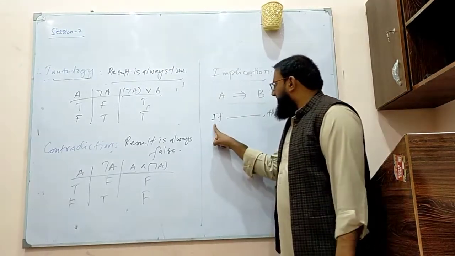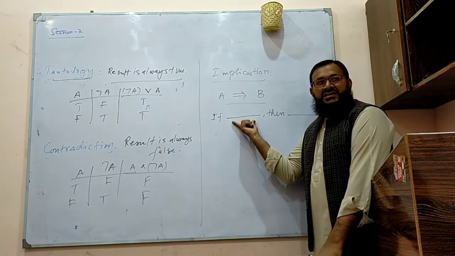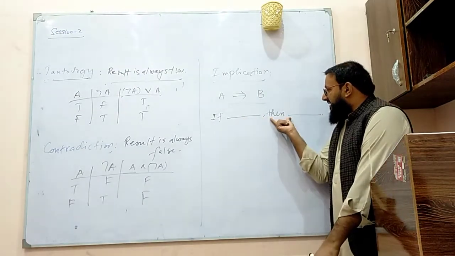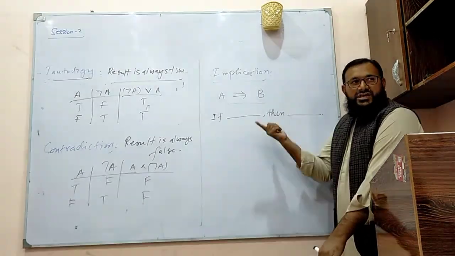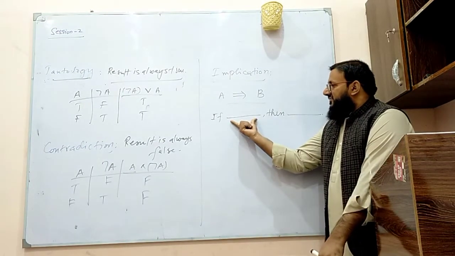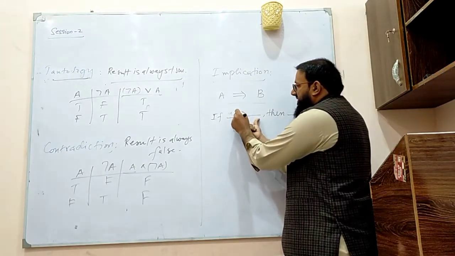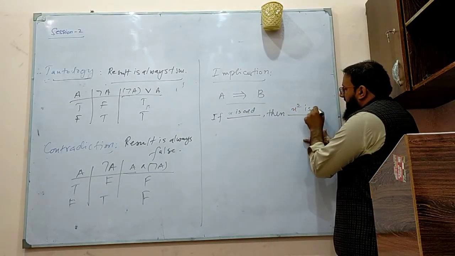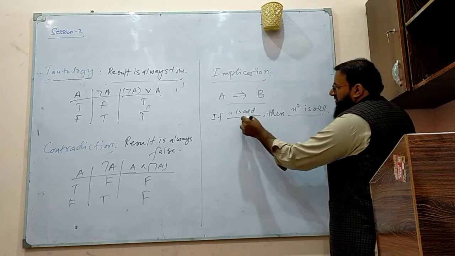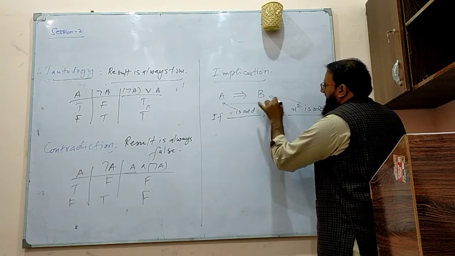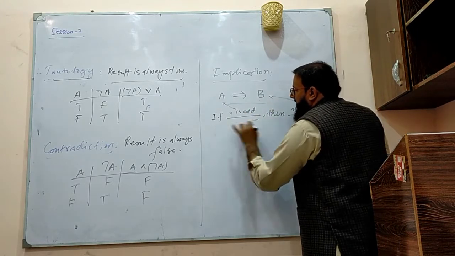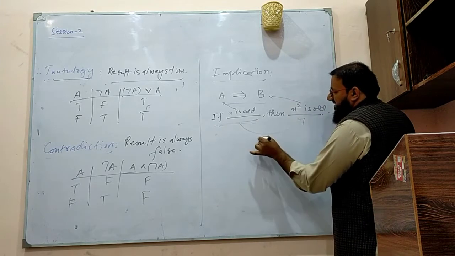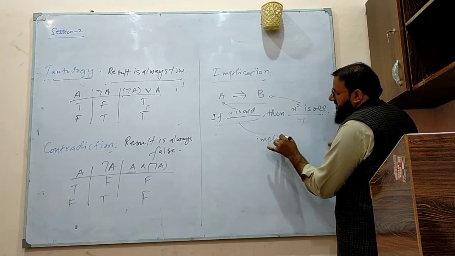We say that if statement A, whatever the hypothesis is, then statement B can be whatever it is. We say that if, let's say, x is odd, then x square is odd. So this statement is A and this statement is B. So this particular thing implies this thing. This is called implication.